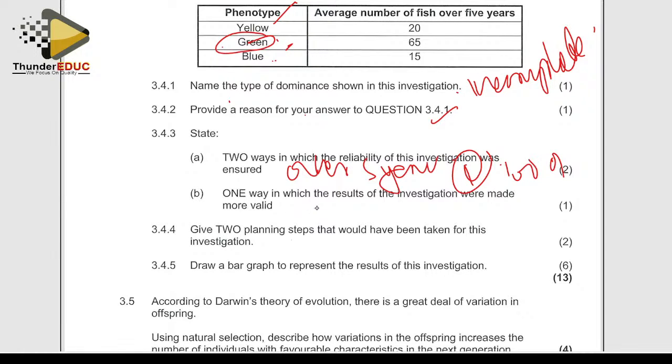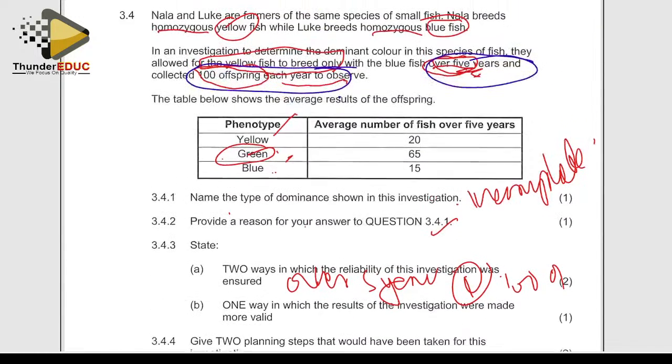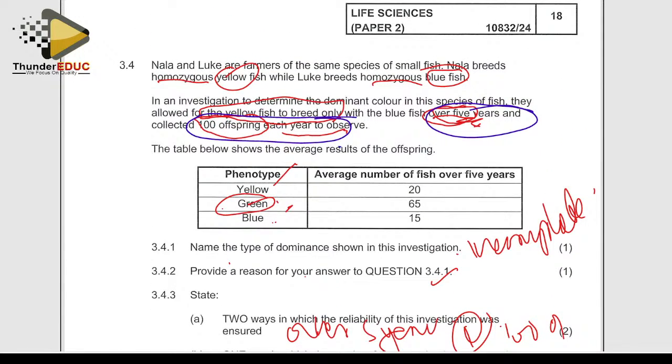Give one way in which the results of this were made more valid. How did they make this experiment to be more valid? They only allowed these species, the yellow and the blue, to mate.